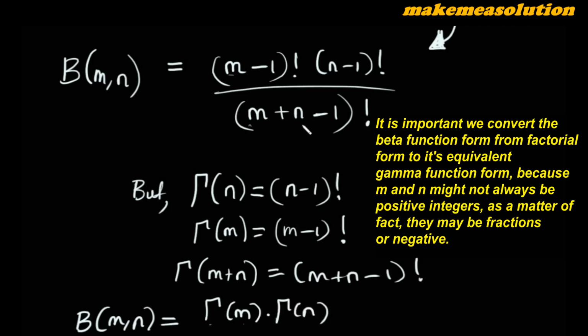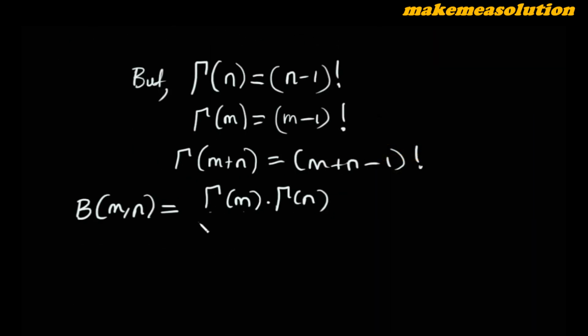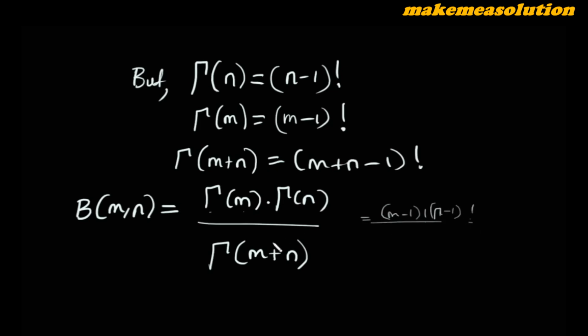Then m plus n minus 1 factorial is what? The gamma of m plus n. Since we established that gamma of m is m minus 1 factorial, gamma of n is n minus 1 factorial, and gamma of m plus n is m plus n minus 1 factorial, this is the relationship between the gamma and the beta function.